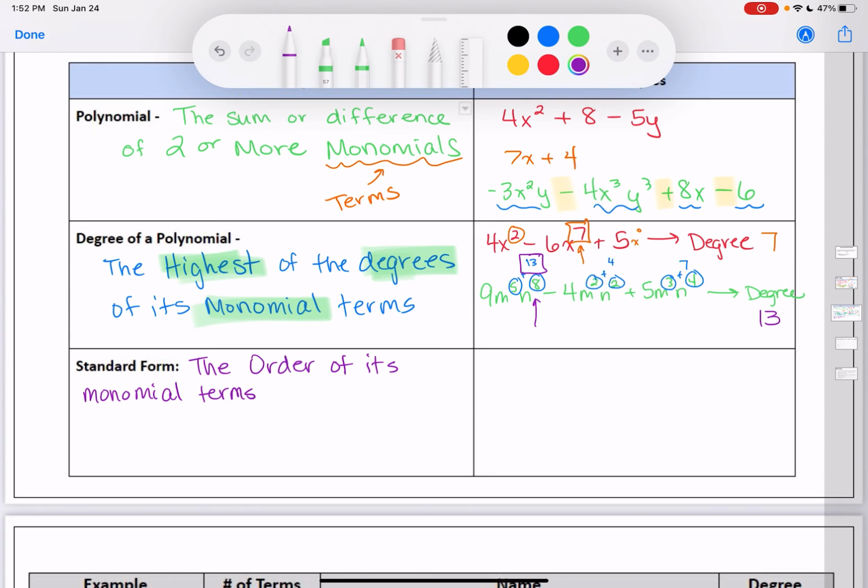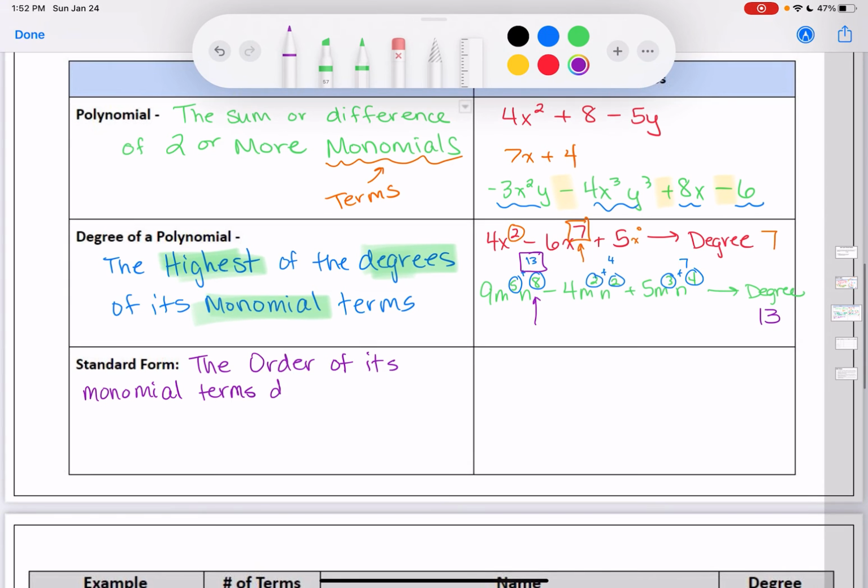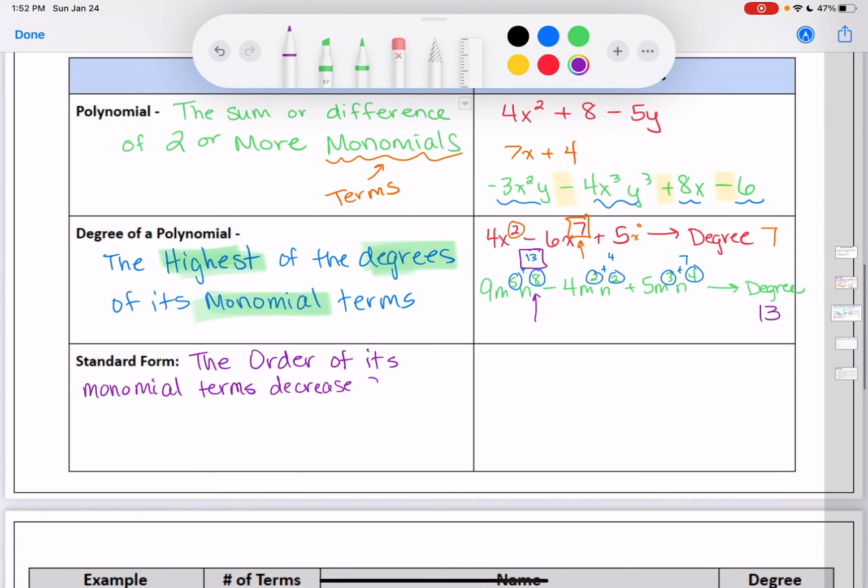I should say, not really the order of it.